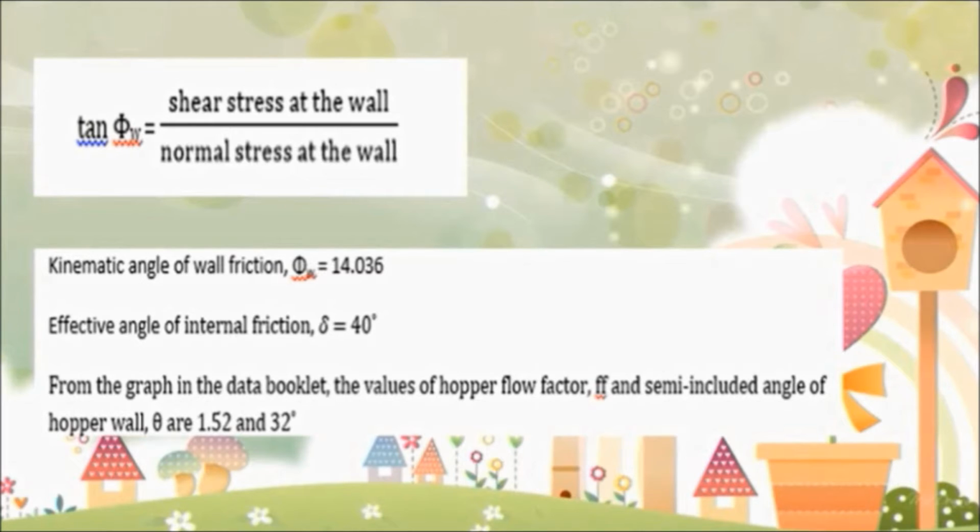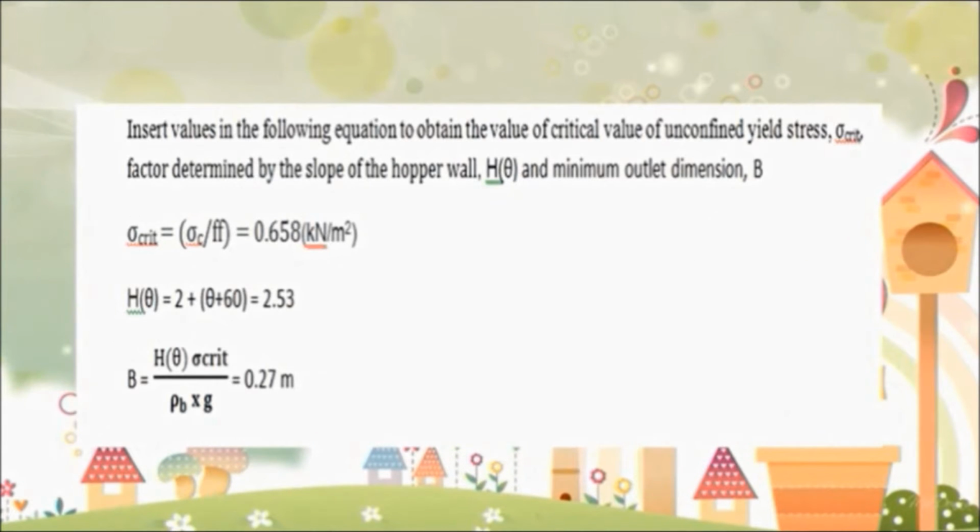After calculating, the values of phi, ff, and theta are 14 degrees, 1.52, and 32 degrees respectively. In order to design the hopper, firstly, we need to get the value of the minimum outlet dimension, which is 0.27 meter.